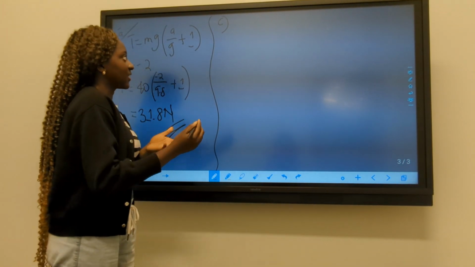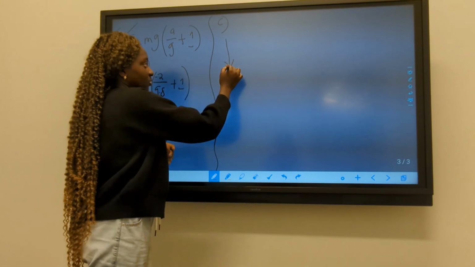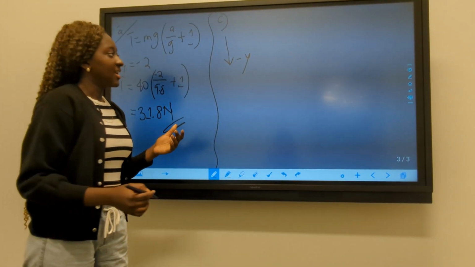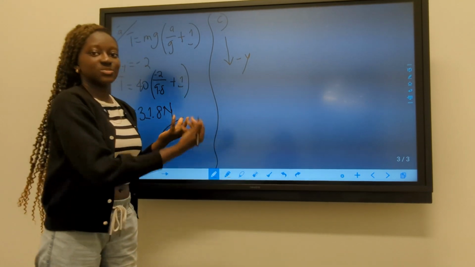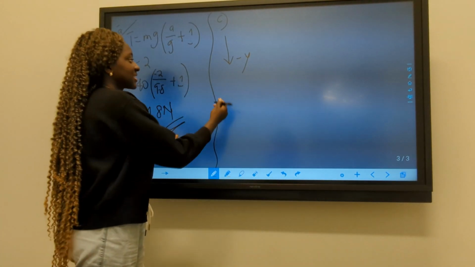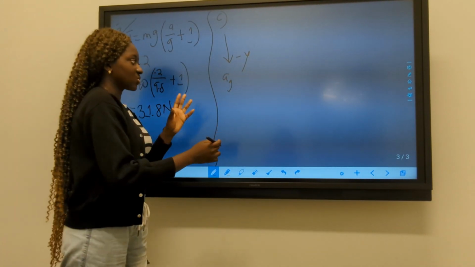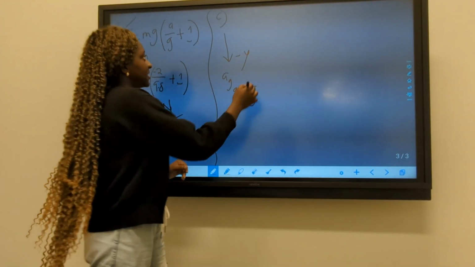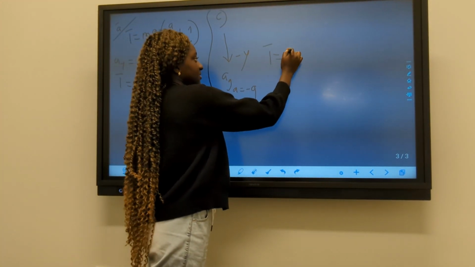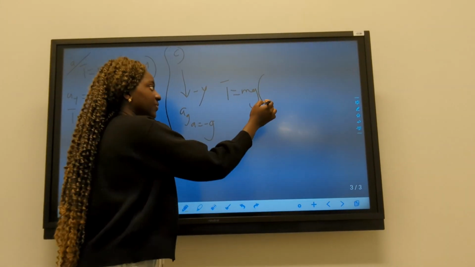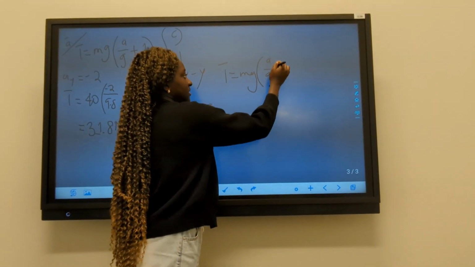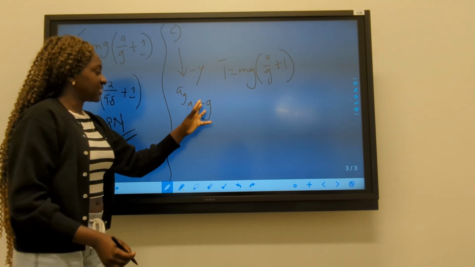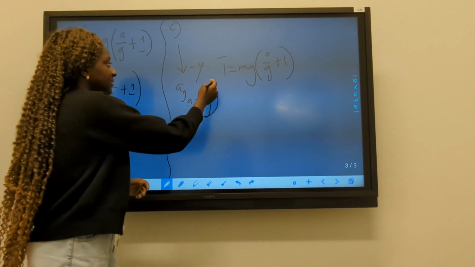That is because now acceleration is moving downwards, which is in the negative y direction. When an object is moving downwards, that would be acceleration due to gravity. That is why acceleration becomes negative g. With our previous equation, T equals mg times (a over g plus 1), if we have negative g, T becomes 0.